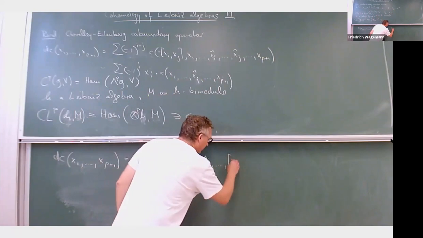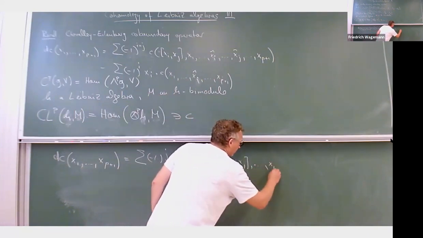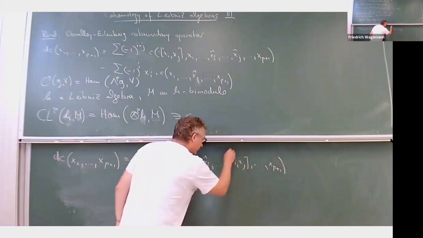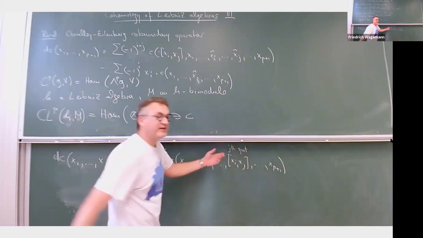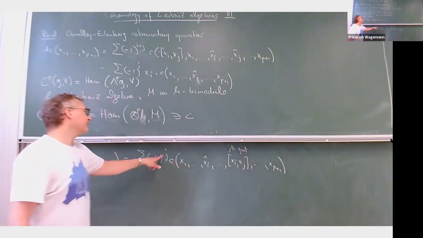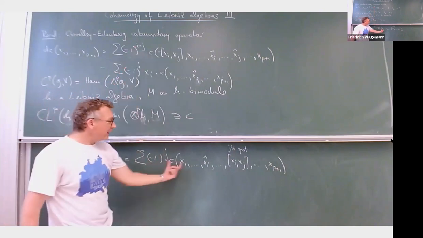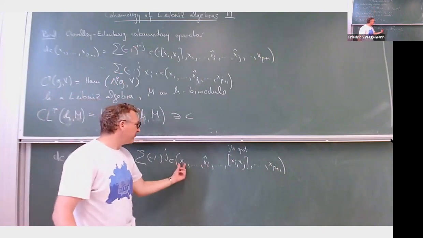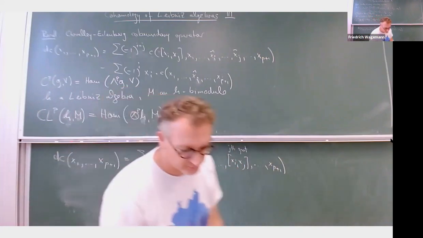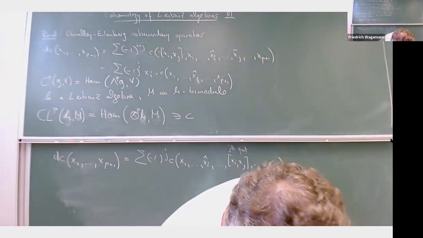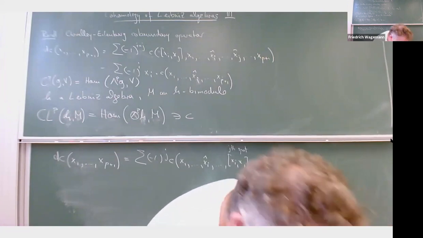This is the j spot, and this eats up the sign. So this minus 1 to the i is eaten up by the fact of transferring the bracket from here to the j spot. And so it should be i.